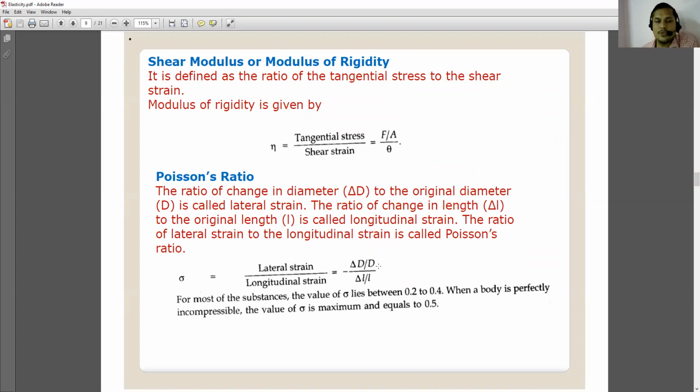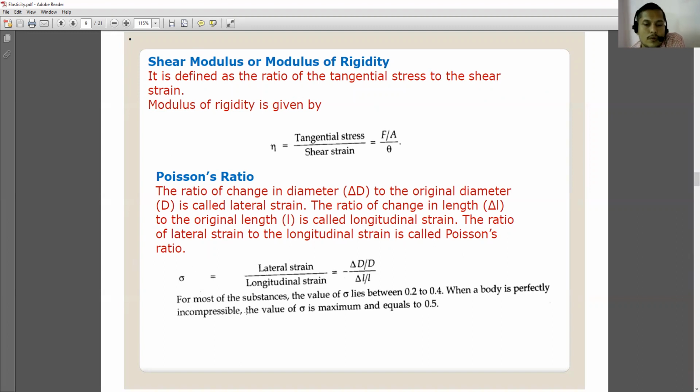Then next is Poisson's ratio. In the numerator we take the change in diameter to the original diameter, that is the lateral strain, and in the denominator the ratio of change in length to the original length, called longitudinal strain, because Poisson's ratio is nothing but the ratio of lateral strain to the longitudinal strain.